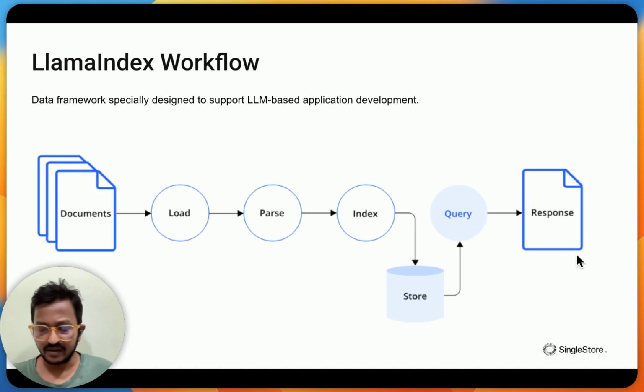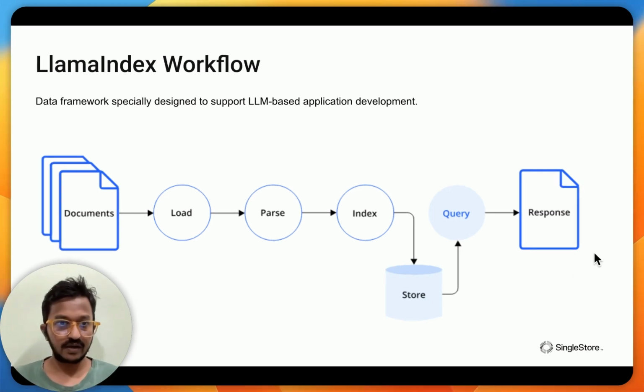For any user query, the query goes through the vector store to find the relevant chunk, and finally it goes through the LLM to answer back to the user. So as you can see, at different stages of the whole pipeline, Llama Index gives you different tools.